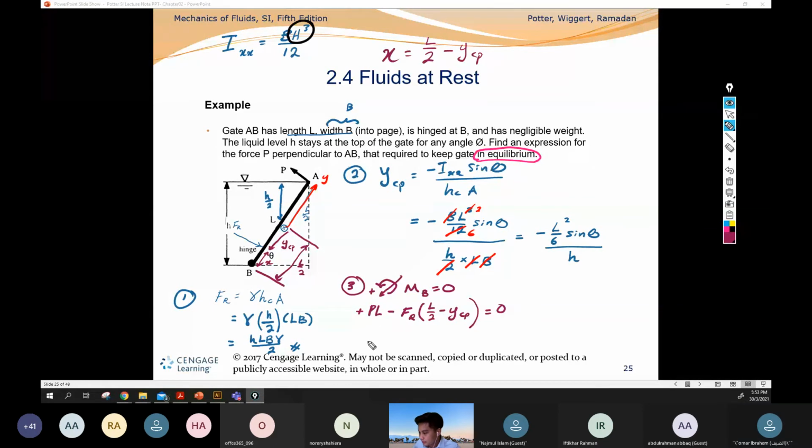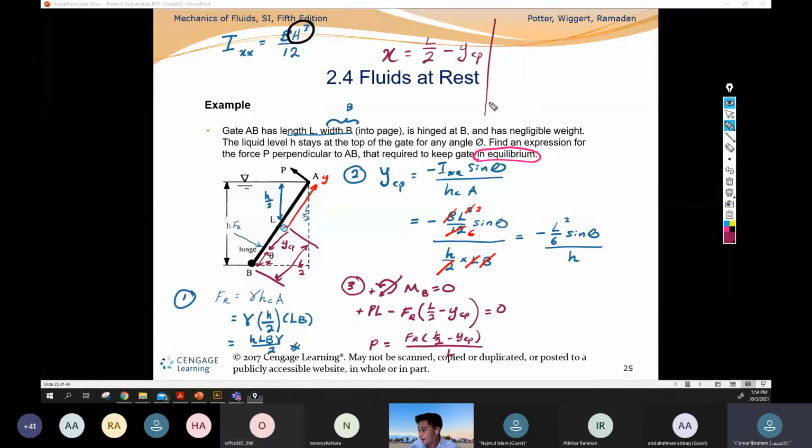So in order to get P, just move it: P equals Fr times L over 2 minus YCP over L. Clear so far? Yeah, doctor. Okay, so just substitute the value. Okay, so P equals Fr.